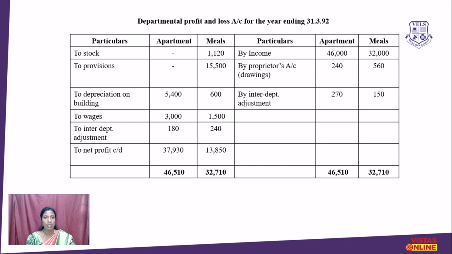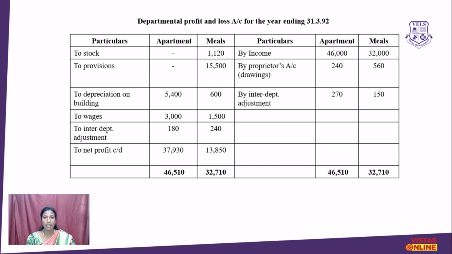To depreciation on building, 5,400 in apartment, 600 in meals department. To wages, 3,000 in apartment, 1,500 in meals department. To inter-department adjustment, 180 in apartment, 240 in meals.